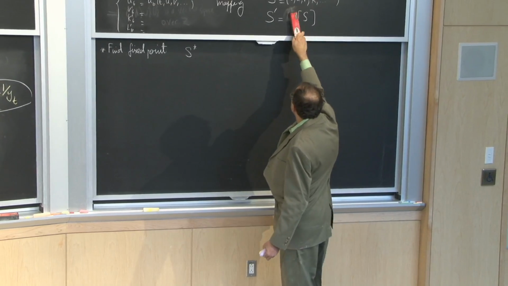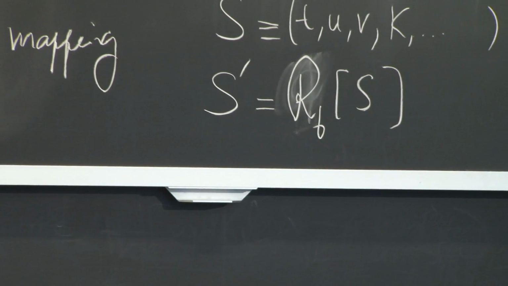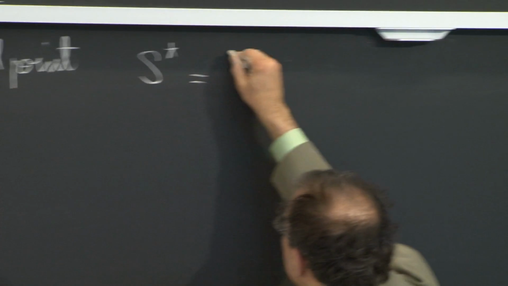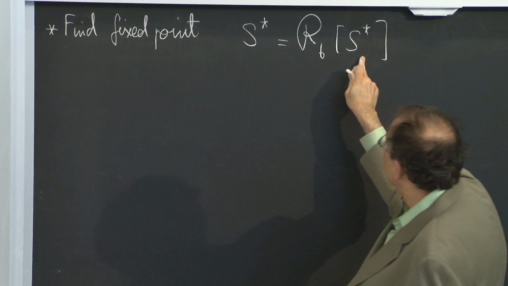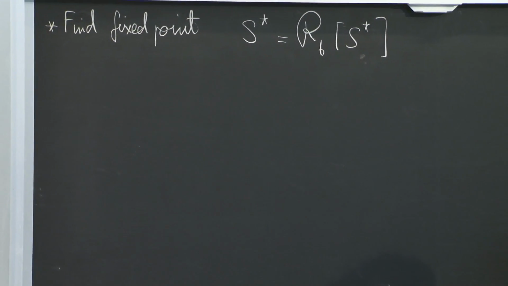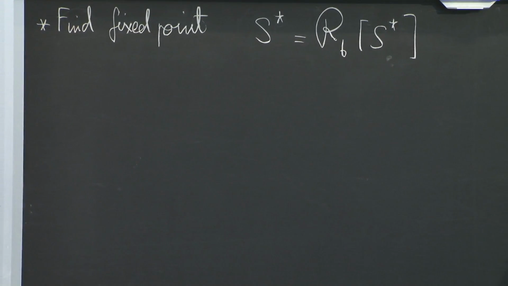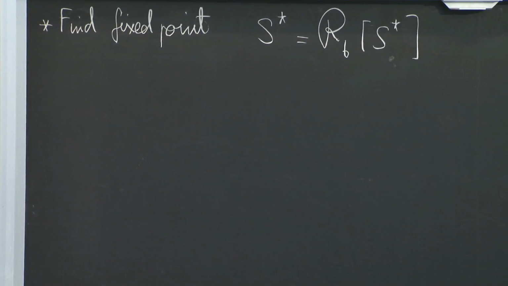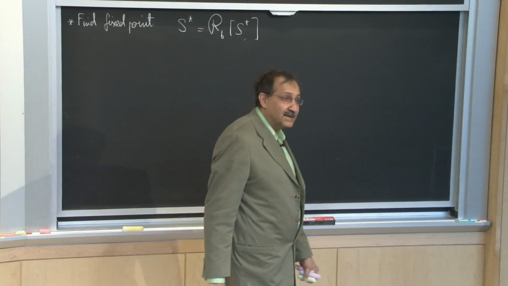Actually, let me call this transformation R and indicate that I'm renormalizing by a scale B, such that when I renormalize by a scale B my original set of parameters, if I'm at this fixed point, I will end up at that point. Okay? So clearly, this is a system that has exactly this property that I was harping on at the beginning. This is the point that is truly scale invariant. That's the point that I want to get at.